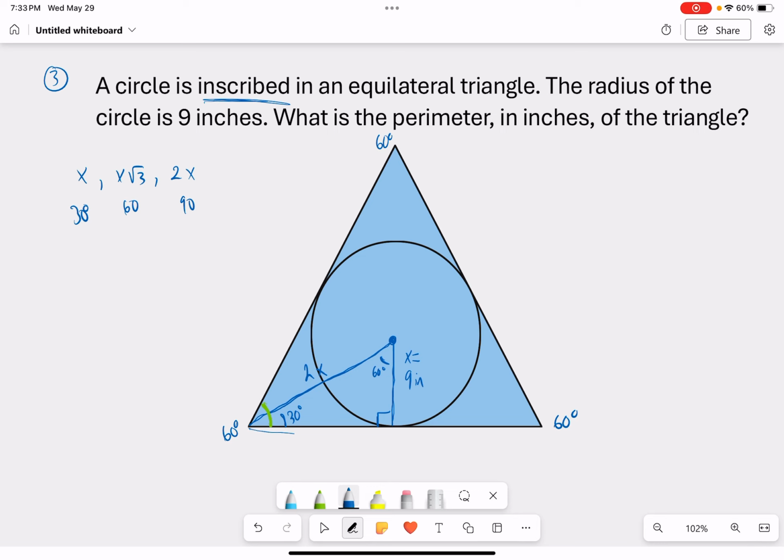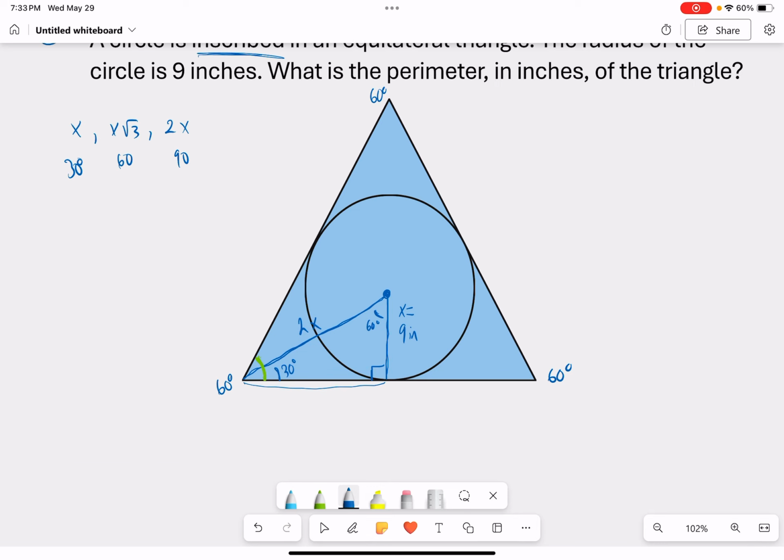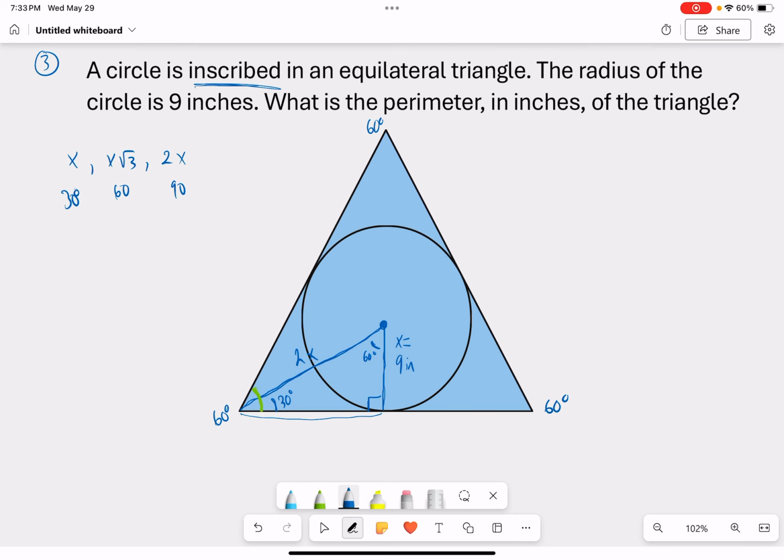I want to get the side here at the bottom, because that is going to be next to the side of the triangle. We have x root 3 at the bottom, opposite the 60 degrees.